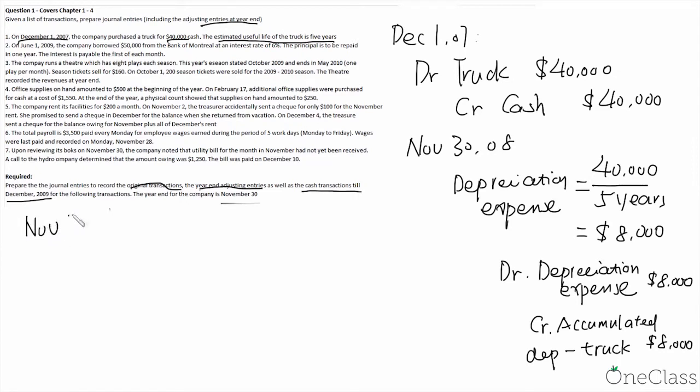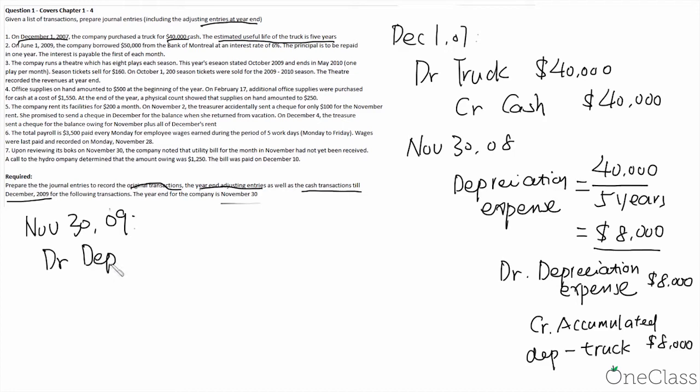And on November 30th, 2009, the depreciation expense for the period is exactly the same as what we have calculated, which is the $8,000. So the journal entry will be the same as November 30th in 2008.